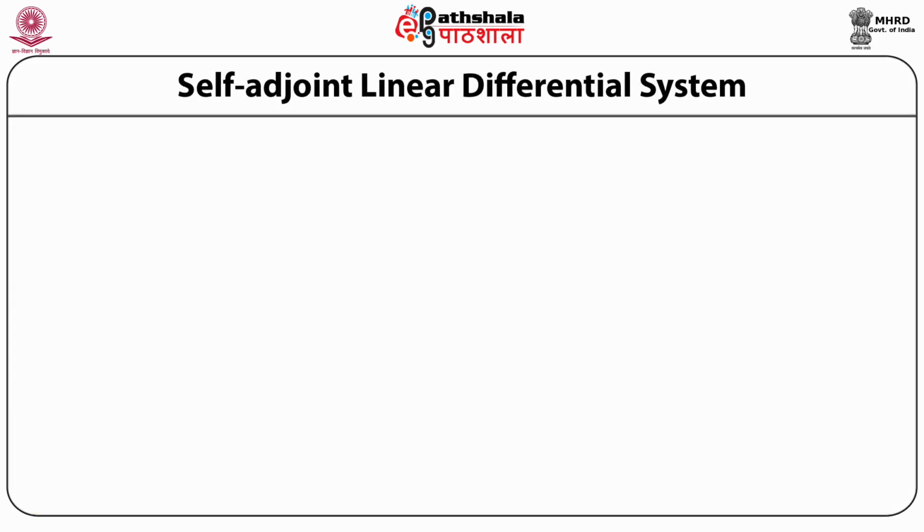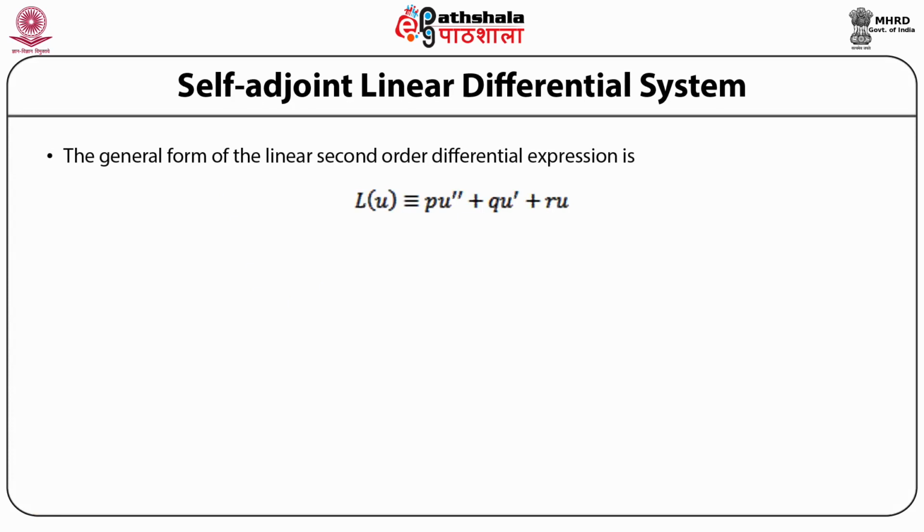Let us discuss the self-adjoint linear differential system. The general form of the linear second-order differential expression is L of u is equal to p times u double prime plus q times u prime plus r u.